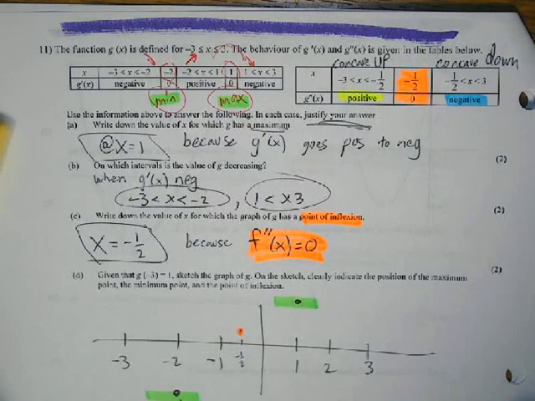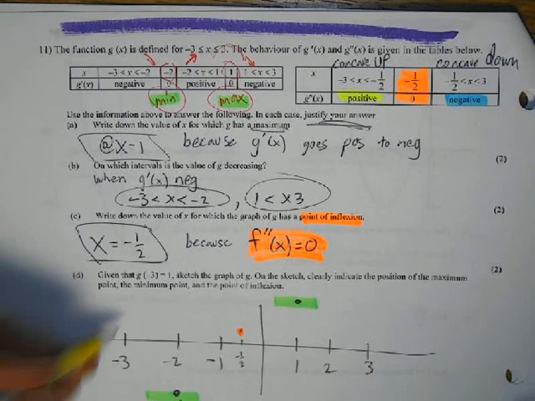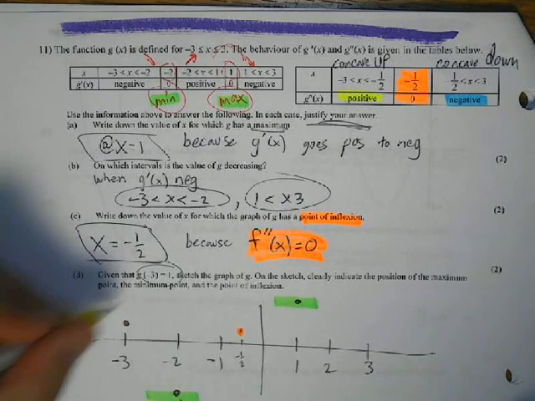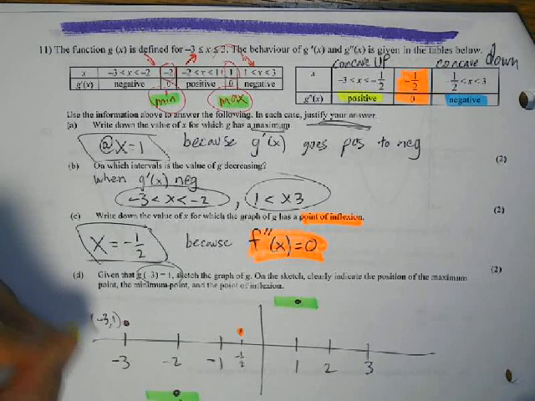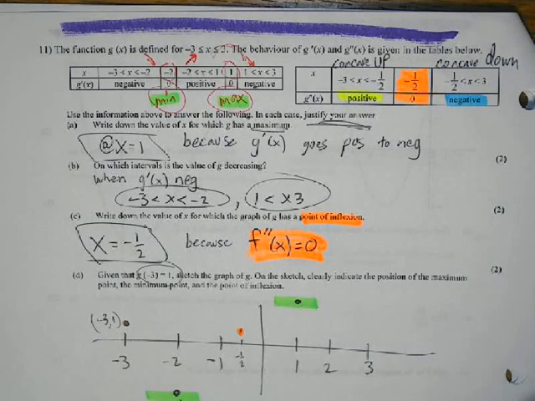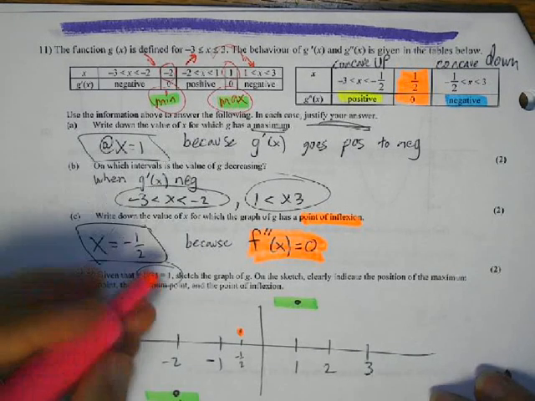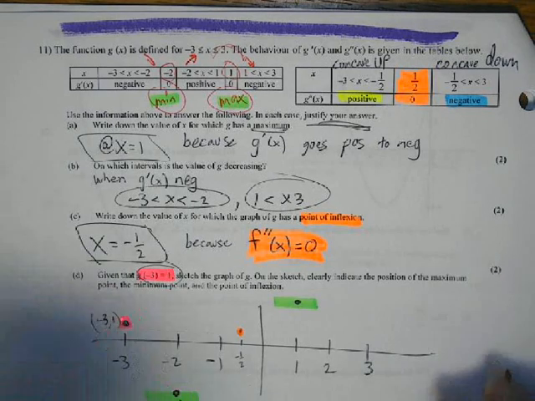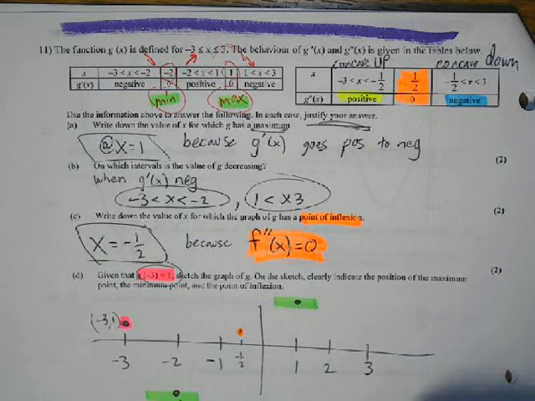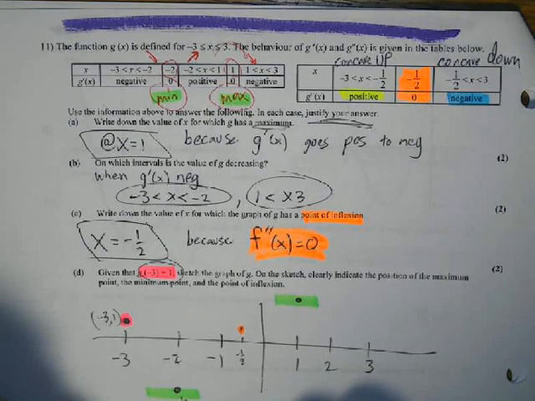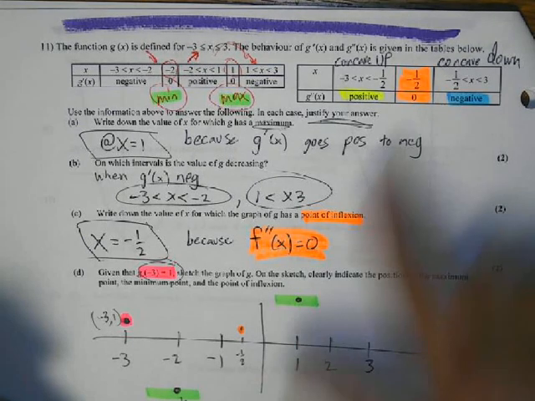And at -3 we're at 1, so we've got a point there, -3, 1. Our minimum's at -2, our maximum is at x equals 1, inflection point at 1/2.